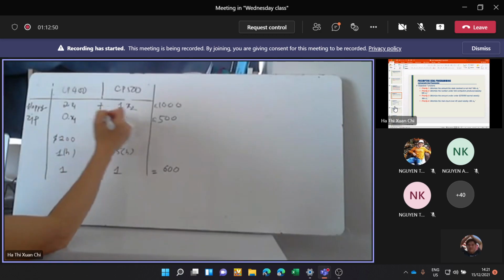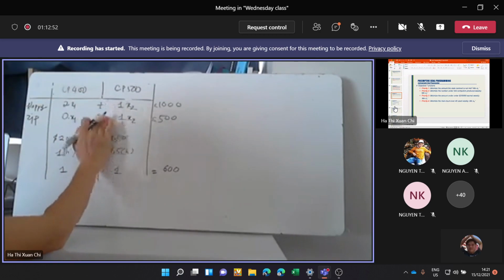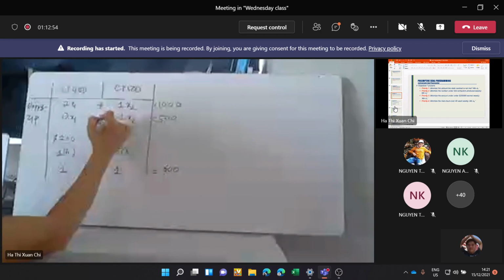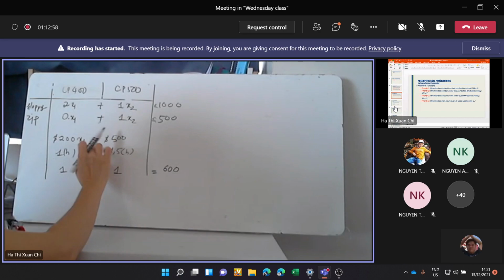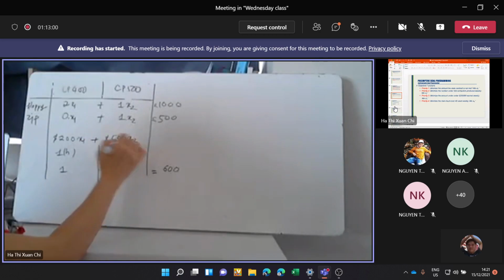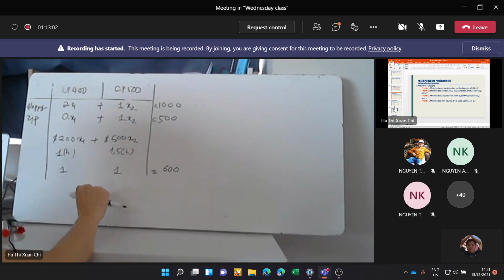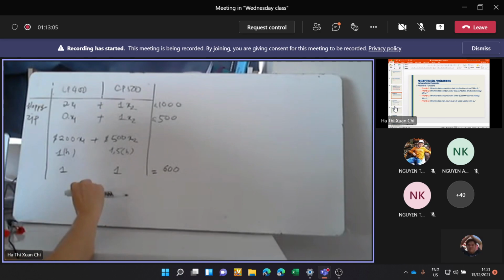Here that is 0x1, here that is x2. So and x1 plus with x2. Money. Look at the money. Money here go 3.